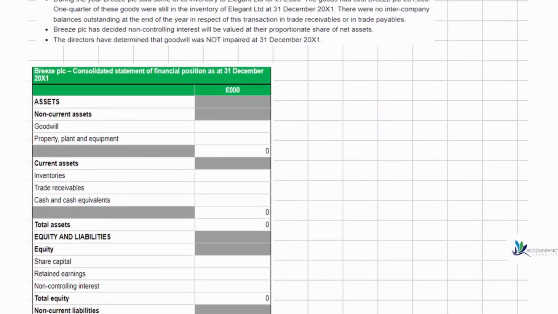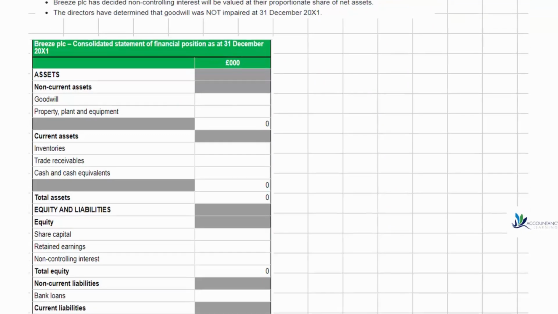Remember that on our scrap paper, we're just adding the numbers together, so I want to keep an eye on what's going on here. We need to think about Breeze, and we need to think about Elegant, and I need to add them together. For property, plant and equipment, we have 3572 for Breeze, and we have 684 for Elegant.